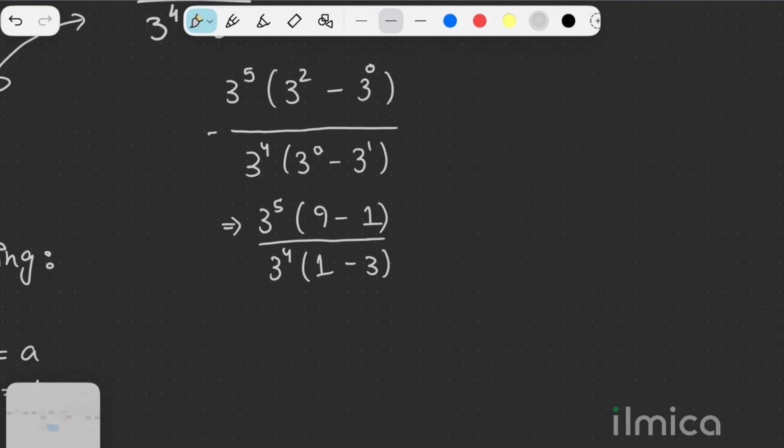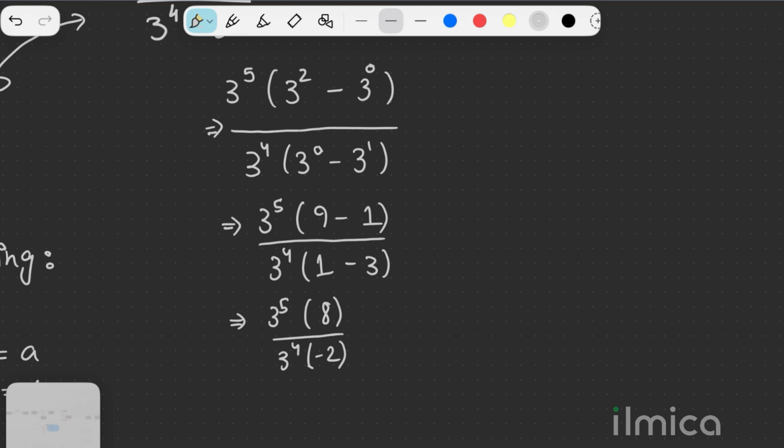And we'll keep on simplifying it. As you can see, the rest of the question is just basic algebra that we already know about. Again, we will copy this down. 9 minus 1 is just 8. In the denominator, 3 raised to the power 4. 1 minus 3 is just going to be minus 2.